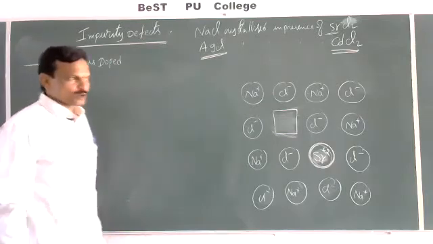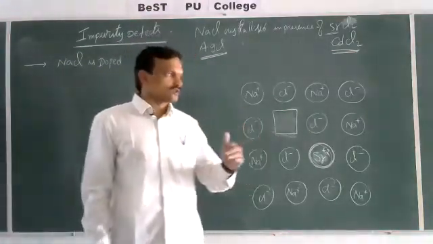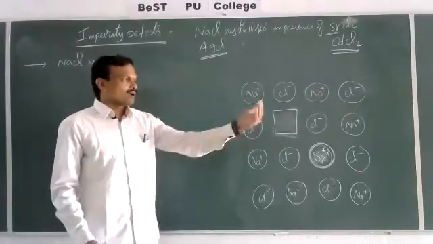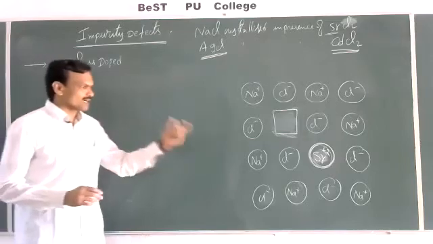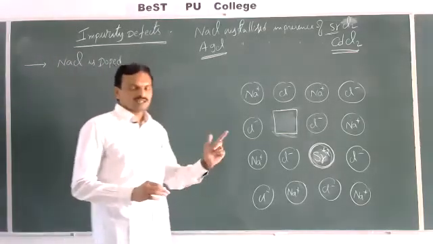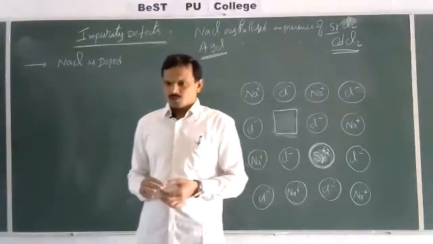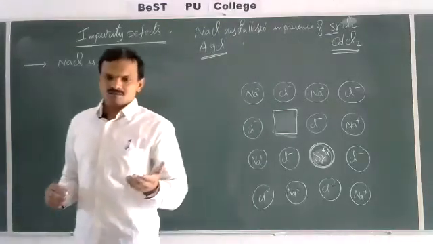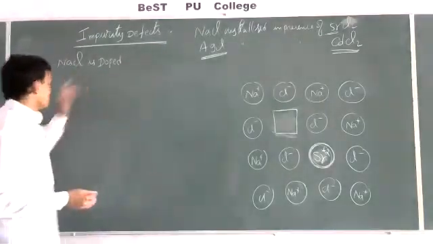What is meant by doping is the process of introducing foreign atoms, meaning atoms other than those of the crystal lattice. The process of introducing atoms other than the lattice ions is called doping.